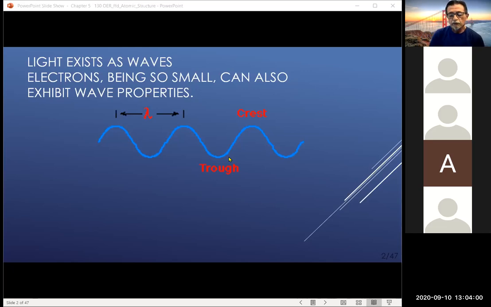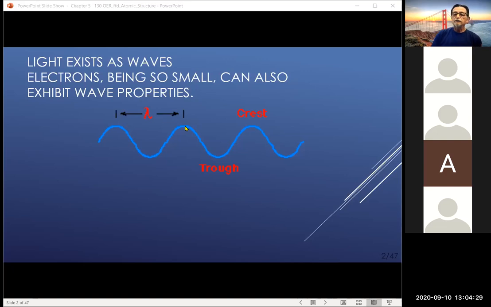This model shows you a curve where you have a trough and a crest. If we take any point, let's say on the hill, mark that spot, and then measure the same spot on another hill or another crest, that distance is an actual measurement. We give it a special name with the symbol lambda.